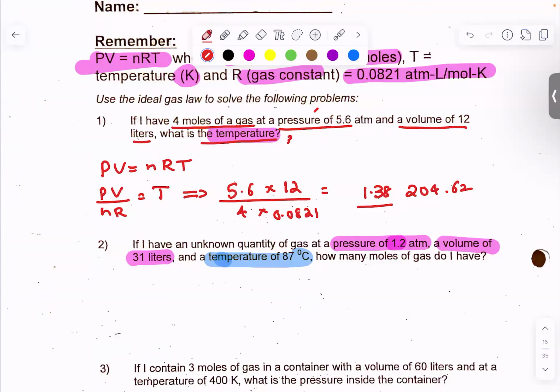I'll double check, because 1.38 looks really low. Yeah, I'm double checking. Okay, take your time. This time I got 204.6. I think when I put it in my calculator, I didn't use parentheses, and so it multiplied by 4 first.